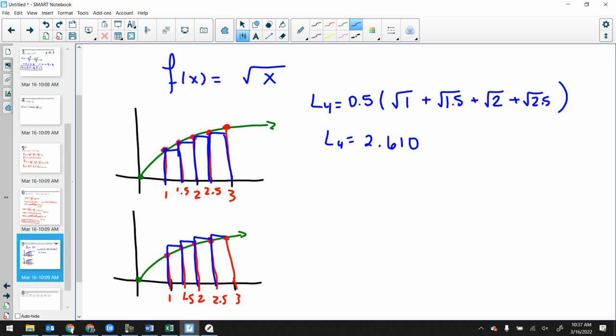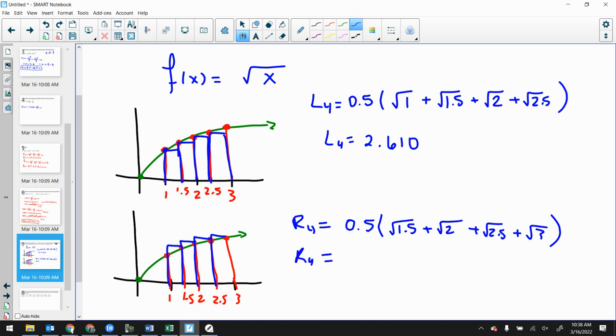Right? Do we see that now? So R4 is going to be the width times all of my heights of these rectangles. Am I going to have a rectangle with height at 1? No. The first one is 1.5, plus the square root of 2, square root of 2.5, square root of 3. Those are my 4 strips, which has the total R4, 2.976. Okay. Questions about that? That's my left side and right side approximation.